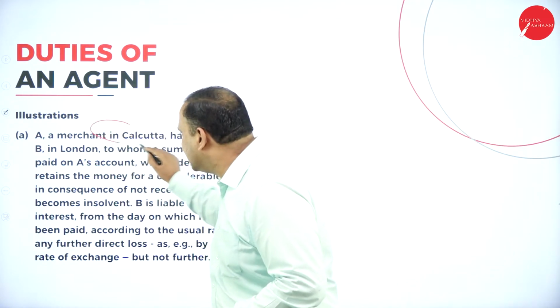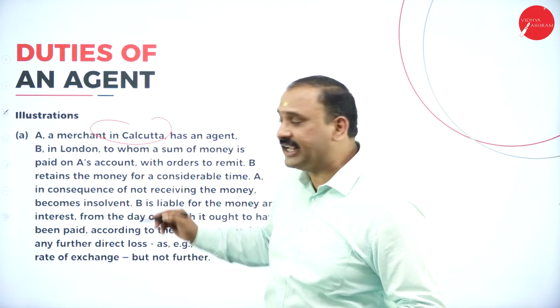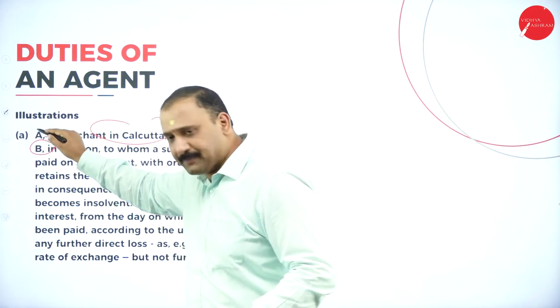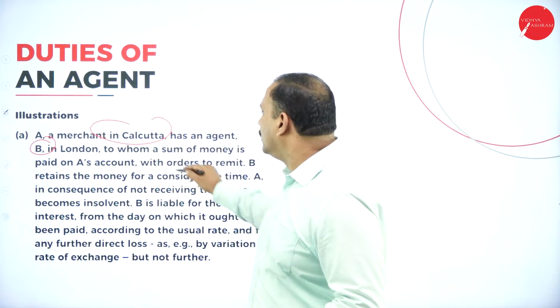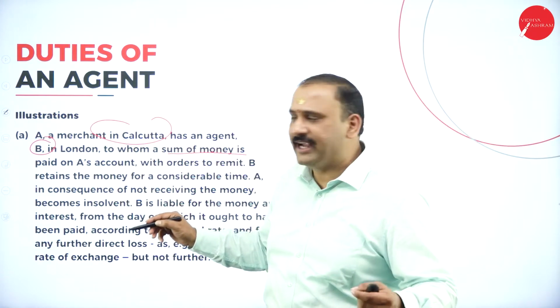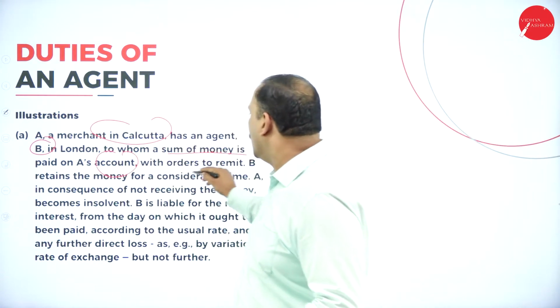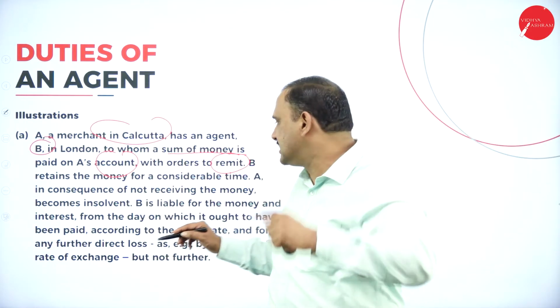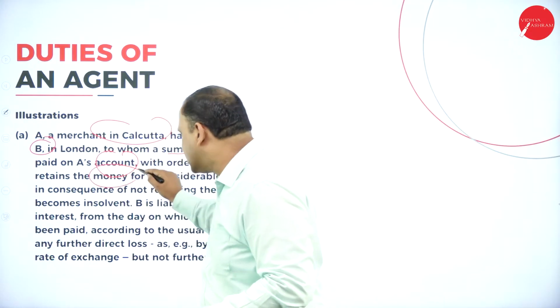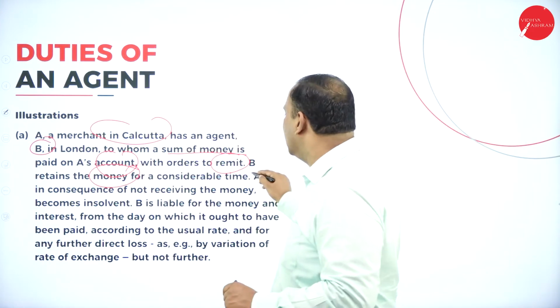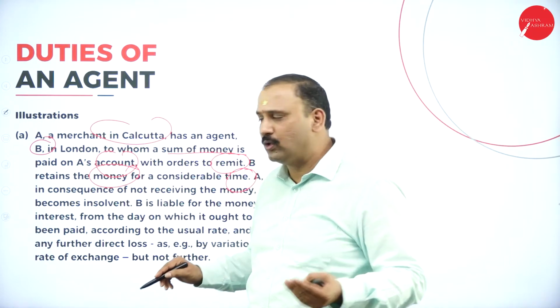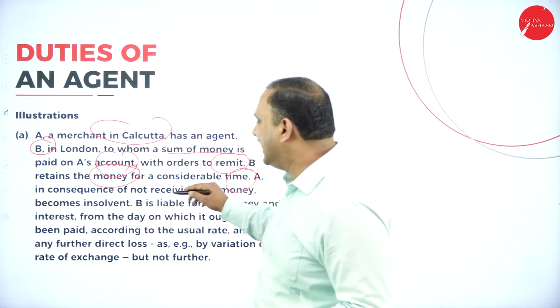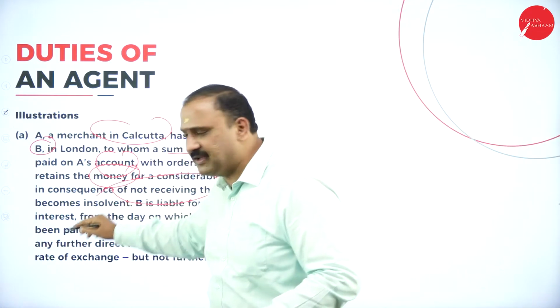Followed by an illustration. Let's look at an example here. A is a merchant in Calcutta. He has an agent in London. So A is the principal, B is the agent, to whom a sum of money is paid on A's account with orders to remit. So he has told B, remit this money. B retains the money for a considerable time.